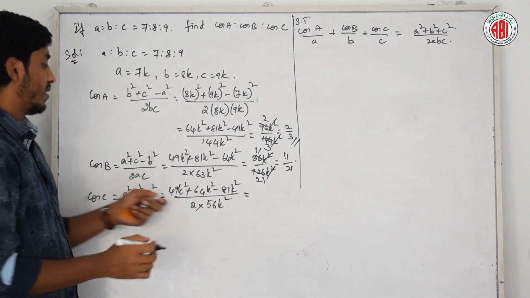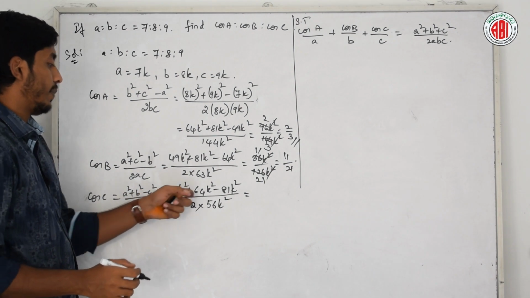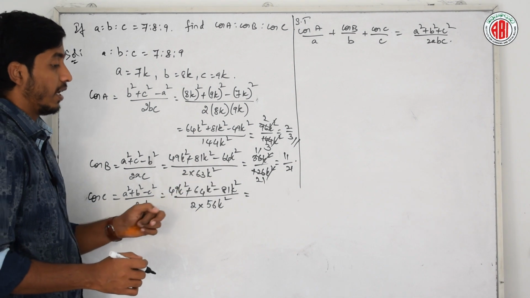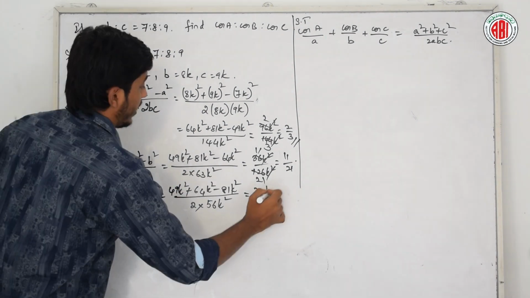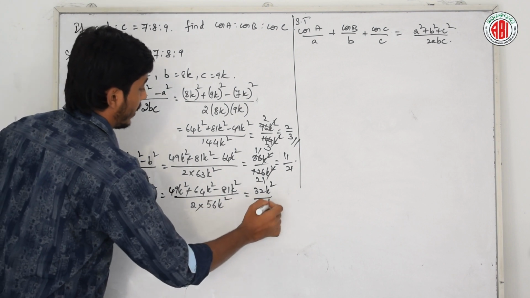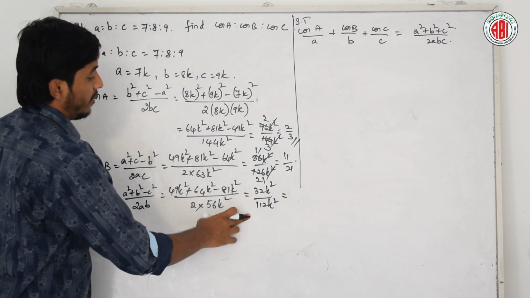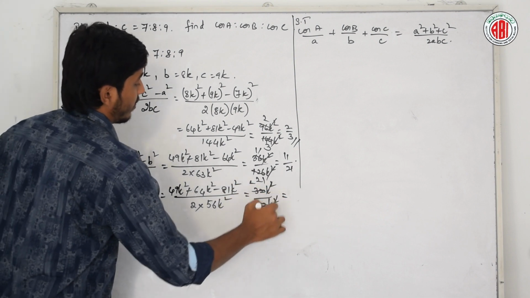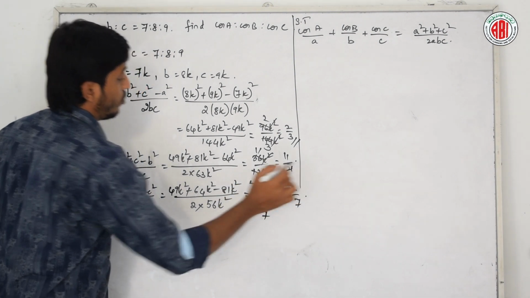That is equal to how much? 49 plus 64, that will be 113 minus 81. How much will it be? 32k square by 56 2s will be 112k square. With what table will it cancel? 16 2s are 32, 16 7s are 112. K square will get cancelled. I will get it as 2 by 7.